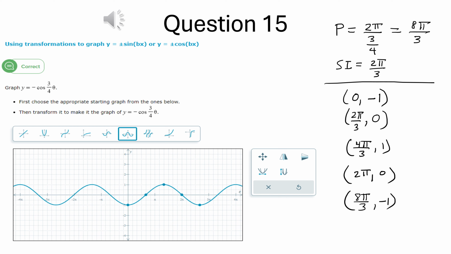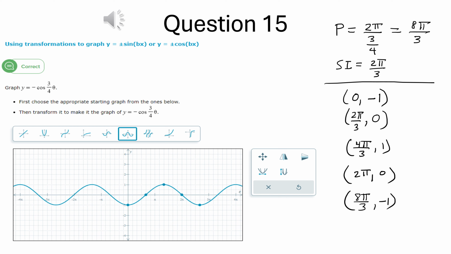So now, in the partition of the x interval, you add systematically 2 pi over 3, que es the step. 0 plus 2 pi over 3 is 2 pi over 3, 0. And 2 pi over 3 plus 2 pi over 3 again is 4 pi over 3, 1, que is the maximum in this case. 4 pi over 3 plus 2 pi over 3 is 6 pi over 3, and 6 pi over 3 is 2 pi, 0.